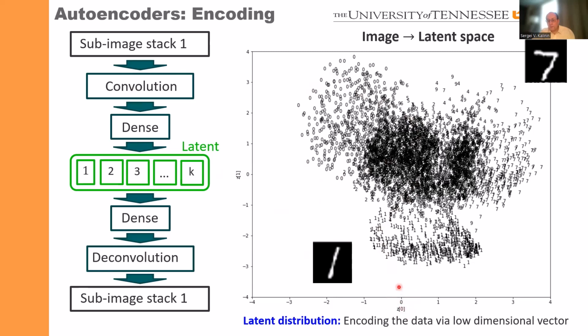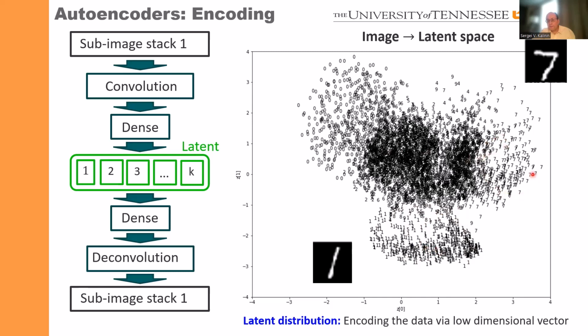The first component is Z0, the first latent variable. The second is Z1, the second latent variable. So we get two numbers, Z0 and Z1, out of each image in the MNIST dataset. Once we plot these images in this latent space, you can see that all the ones are sitting in this part of the image.